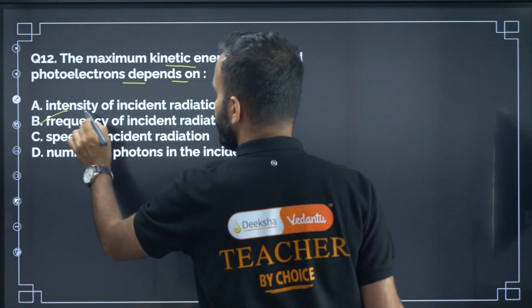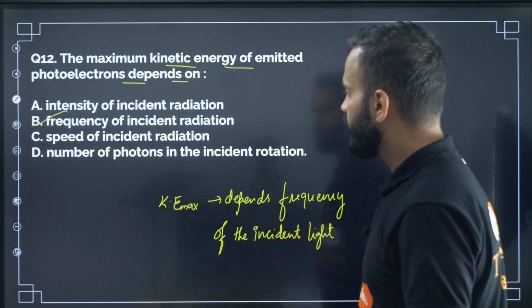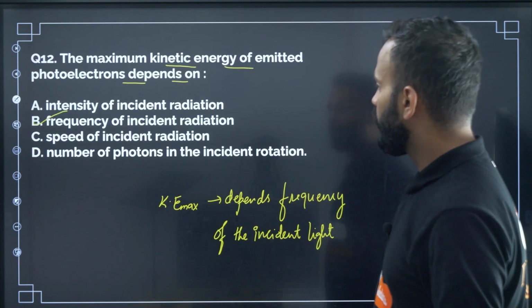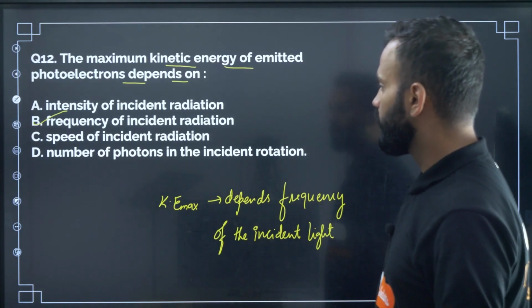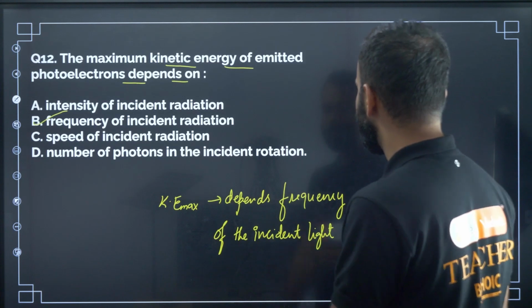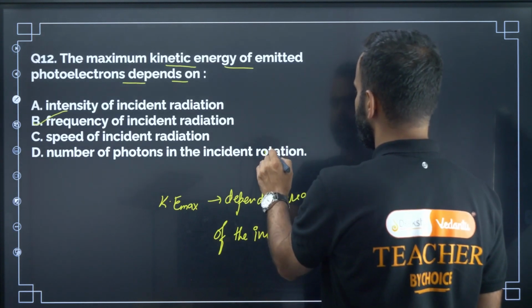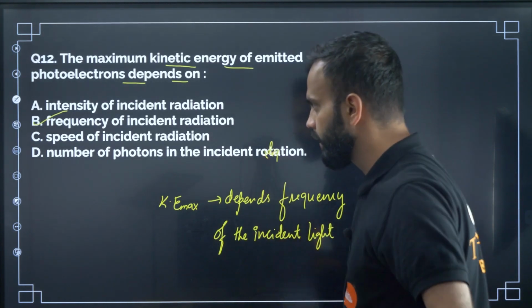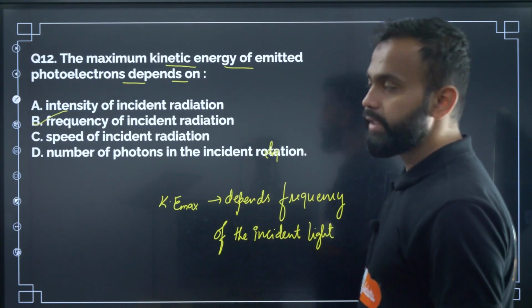So option B is the correct answer: frequency of the incident radiation, not speed of the incident radiation, not intensity, not number of photons in the incident radiation, not rotation.